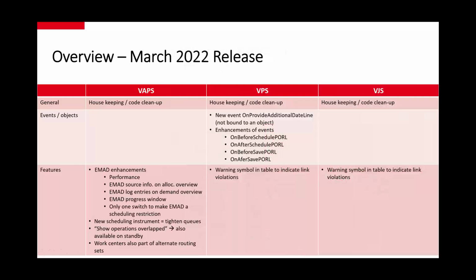With this, let's have a look at what we actually released end of March, and the app source approval was on the 1st of April, so it was not an April fool's joke, but a real release. With all the products, we used the first quarter of the year to do a lot of cleanups internally, a lot of housekeeping.